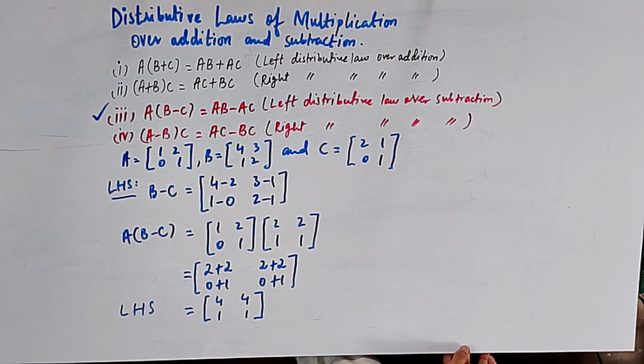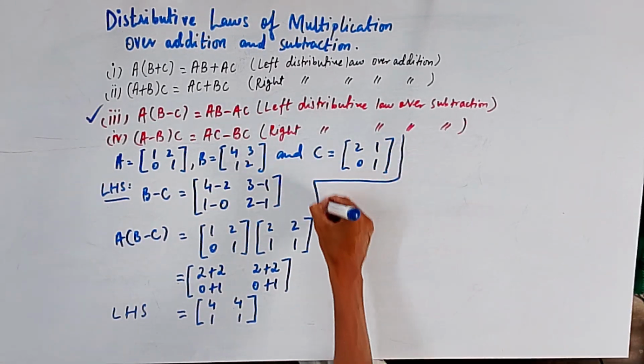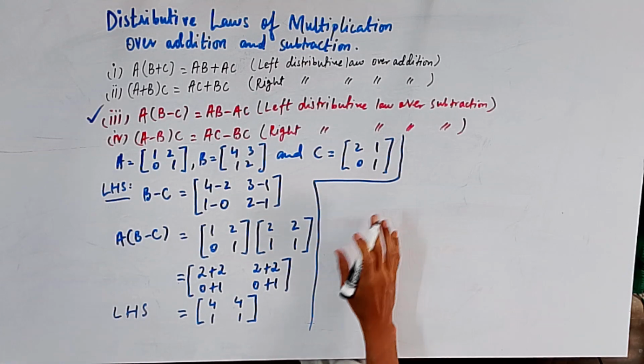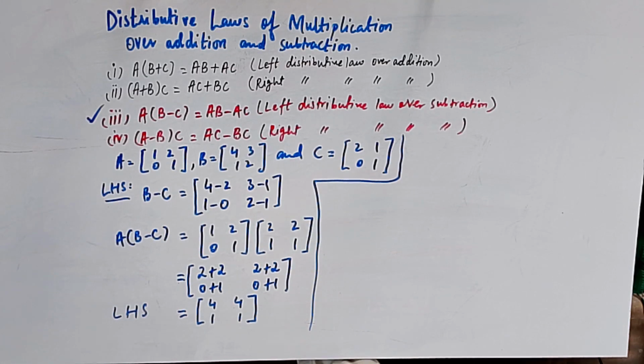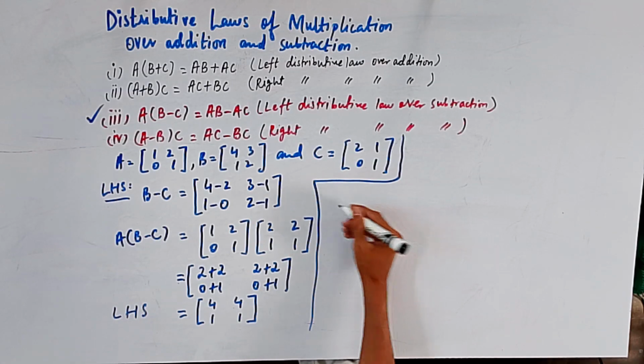Now let's do the right hand side. For the right hand side we have A multiplied by B minus A multiplied by C. So A multiplied by B, already you know how to do, we have already done this. So A multiplied by B will be [6 7; 1 2]. You all know how to do multiplication, that's why I am writing it directly.